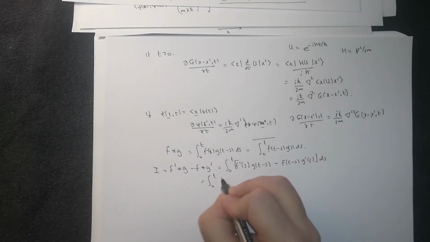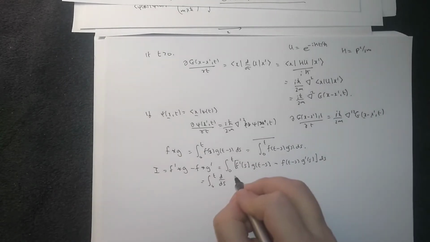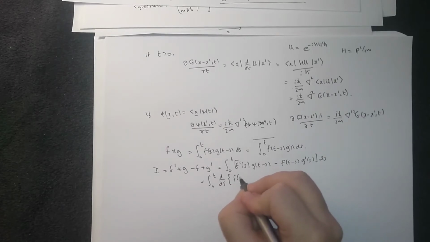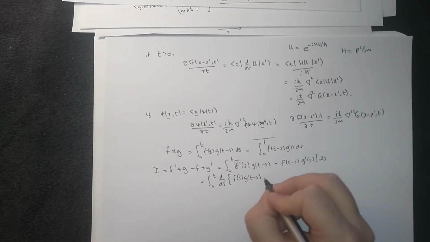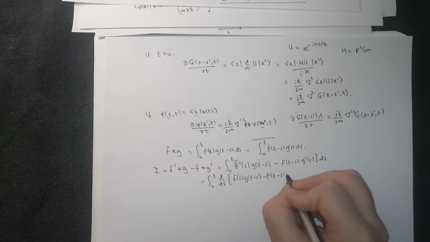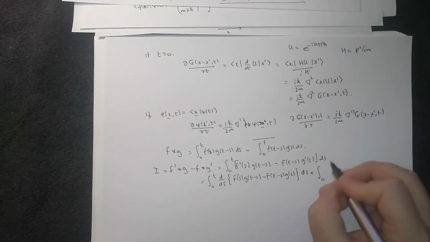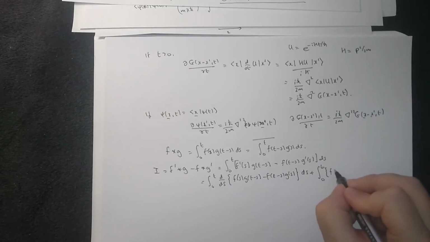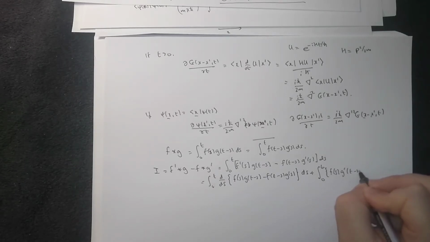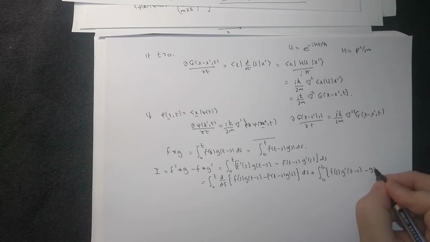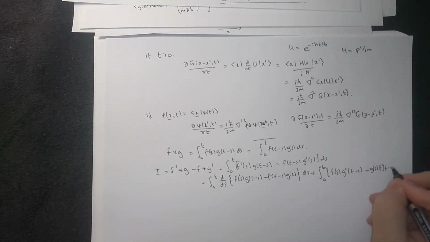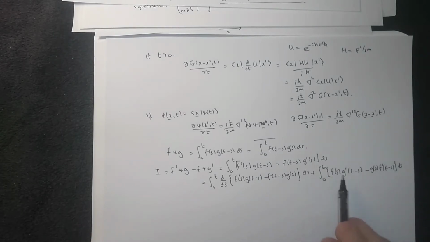And that's the integral 0 to t of the total derivative with respect to s of f of s g of t minus s minus f of t minus s g of s ds, plus the integral 0 to t of f of s g prime of t minus s minus g of s f prime of t minus s ds. There's a relative minus sign which has come around because we're differentiating with respect to s, but prime means differentiation with respect to the argument of the function.